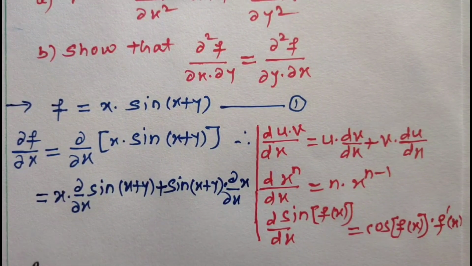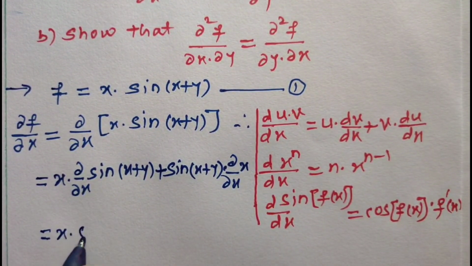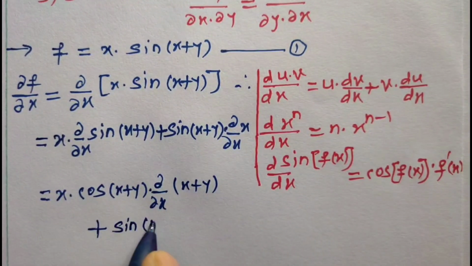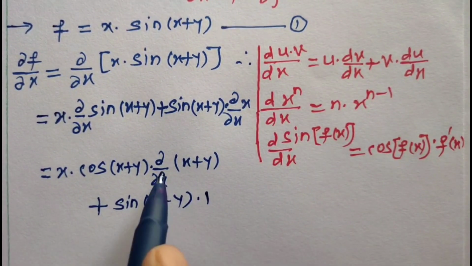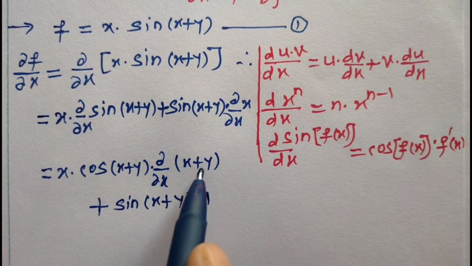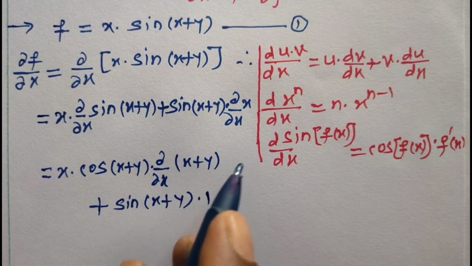And now this is equal to x as it is, derivative of sine is cos of (x plus y) into the partial derivative with respect to x of (x plus y), plus sine of (x plus y) as it is into the derivative of x with respect to x, which is 1. Now apply this partial differential operator on each term in this bracket. We are partially differentiating with respect to x, so y will be constant.